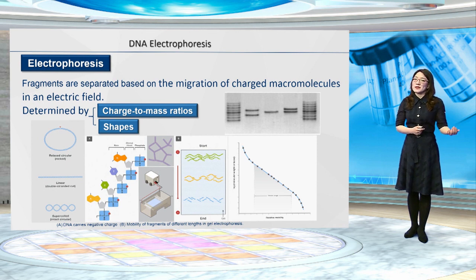That's why they migrate faster through a matrix. Hence, the mobility increases as the size decreases. Conversely, larger DNA molecules migrate much more slowly because they experience more friction as they travel through the pores of a gel. Therefore, the separation of DNA with different sizes can be accomplished.